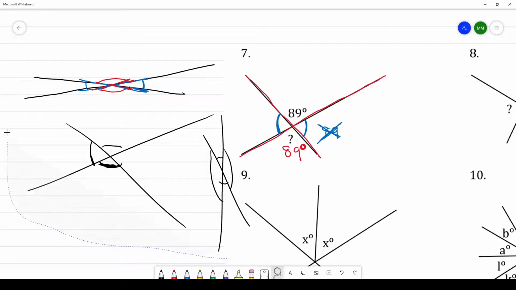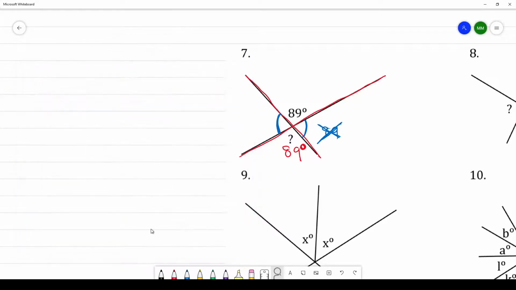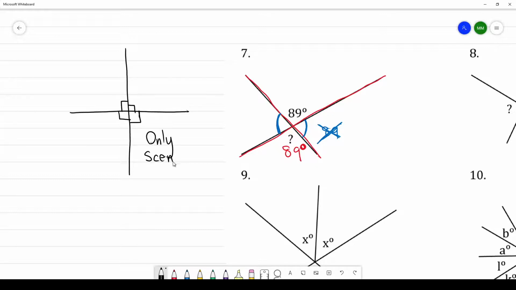In fact, the only time that all four angles are equal is when you have four right angles. That's actually the only scenario. So these four are not equal.